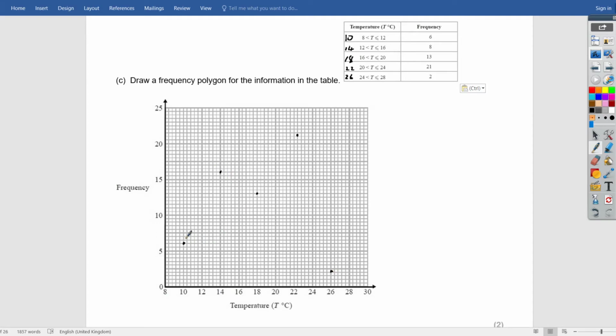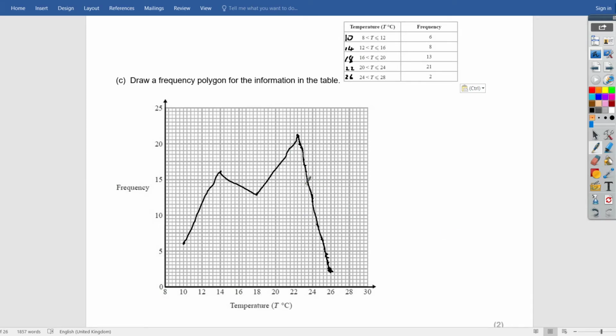All you're going to do now is get your ruler and draw a straight line between these points. Draw one down to here. This is known as a frequency polygon.